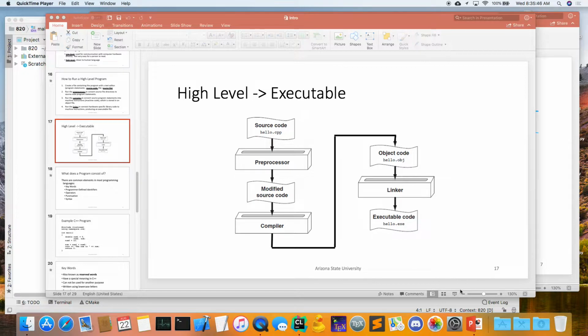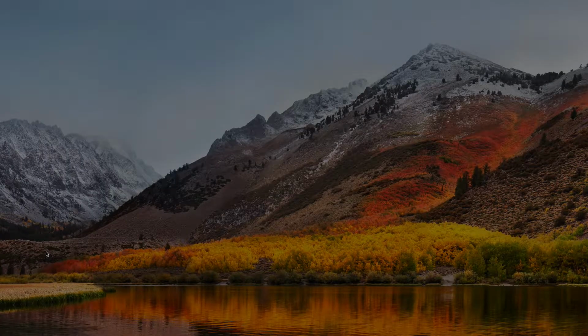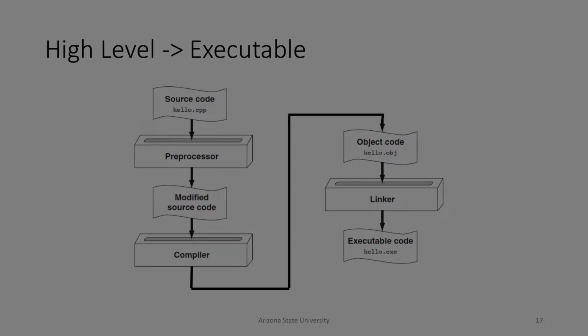Okay, so let's get back into it. This is the slide we ended on last time. We have the original source code that you're going to write. It runs through the preprocessor to gather code from any other libraries that you include, like the iostream thing that we've seen several times. Then it brings the code into your code.